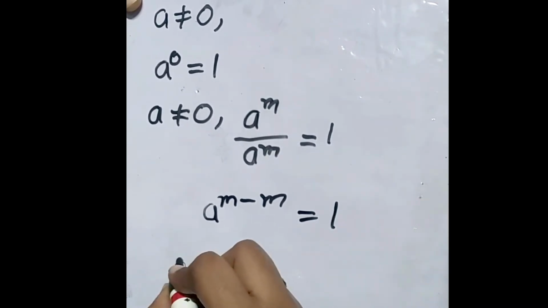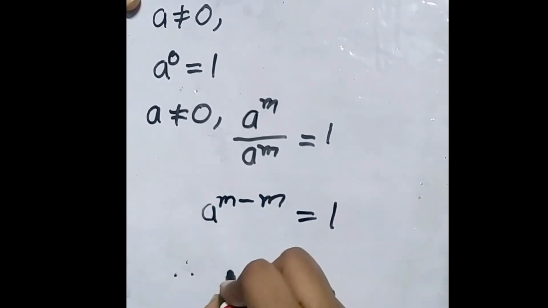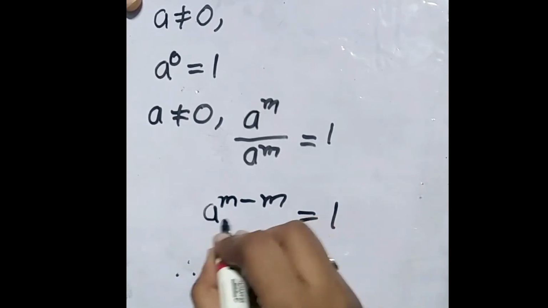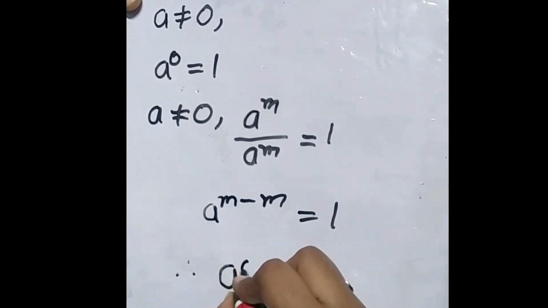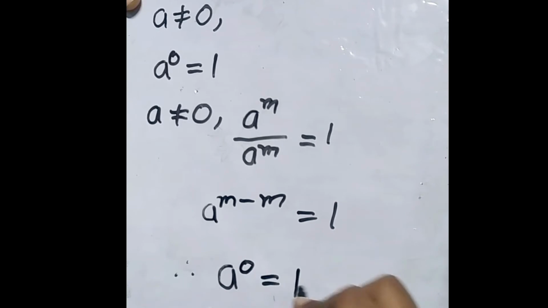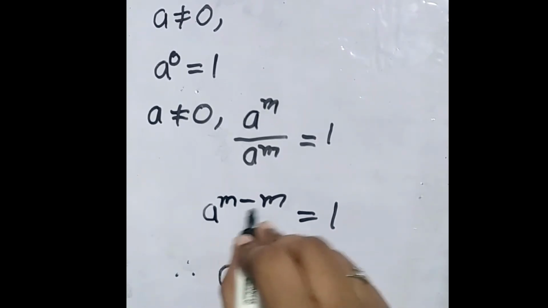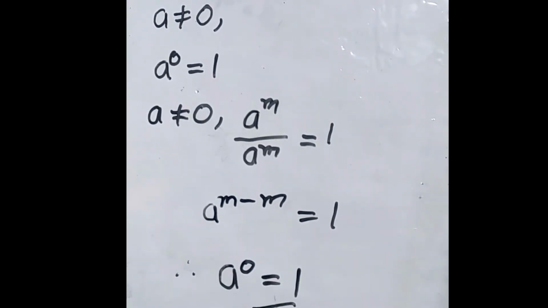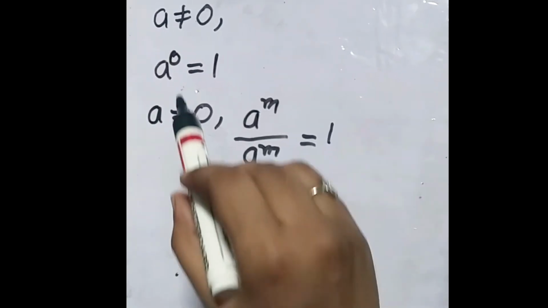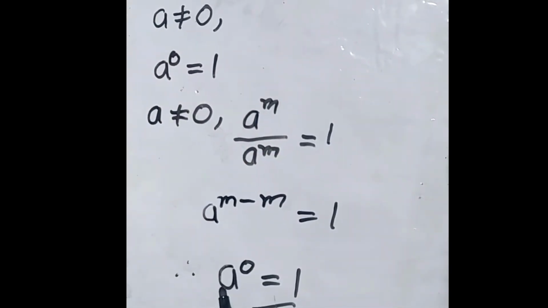Therefore A raised to m minus m, which is 0, so A raised to 0 equals 1. So this is how we get this law.